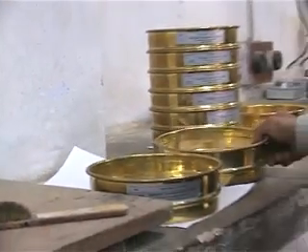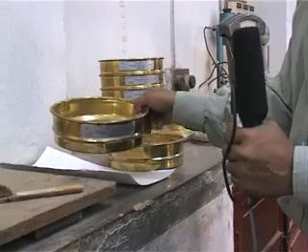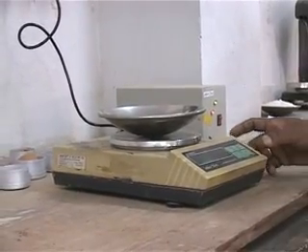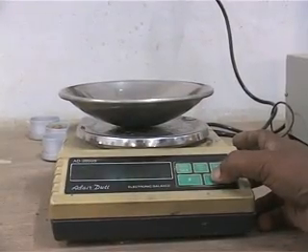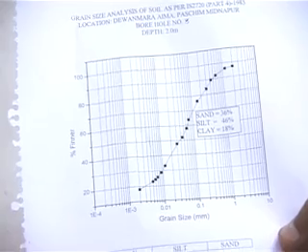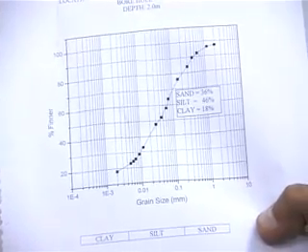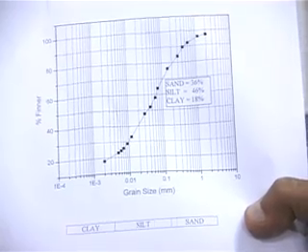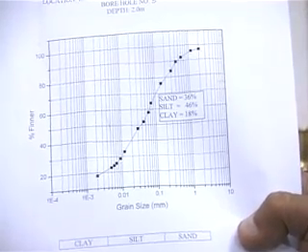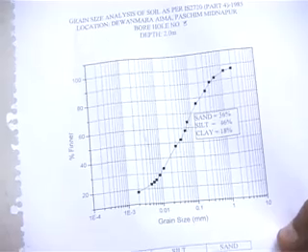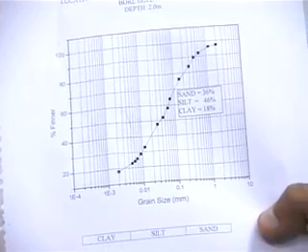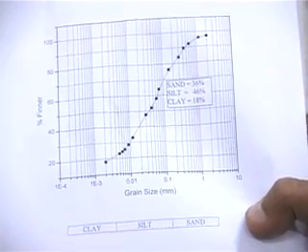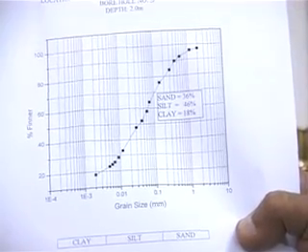As I mentioned, we are going to proceed to weighing the percent of soil retained on each individual sieve size, and finally, using the data, we are going to be able to generate a grain size distribution curve like this, which plots the percent finer by weight on the vertical scale and the opening size of the sieve on the horizontal scale, as you see on this particular plot.